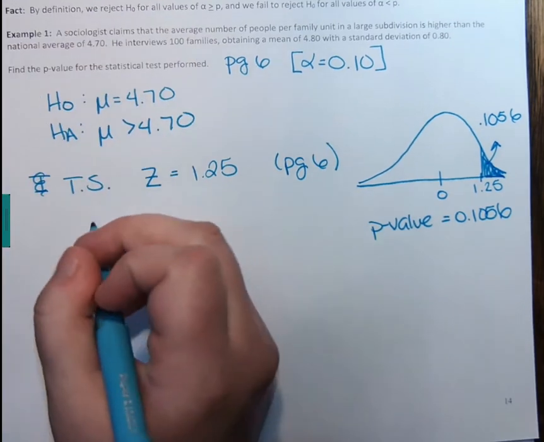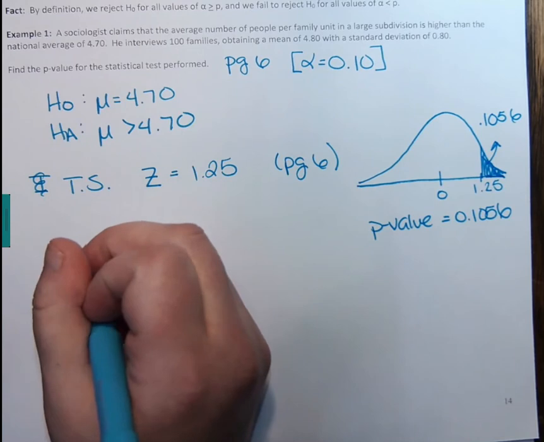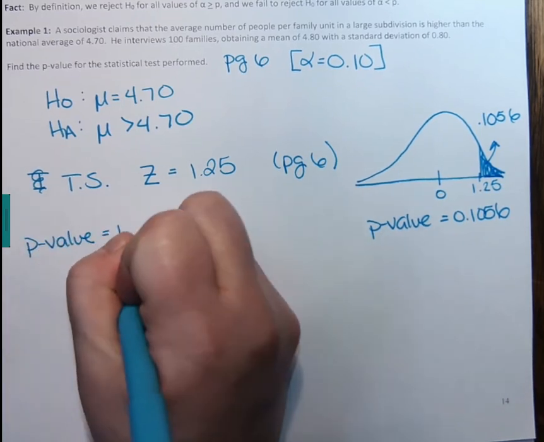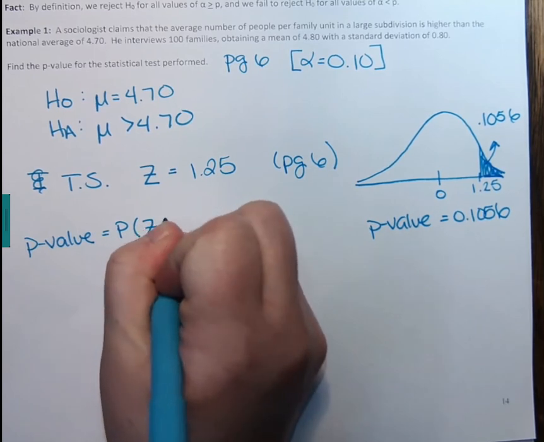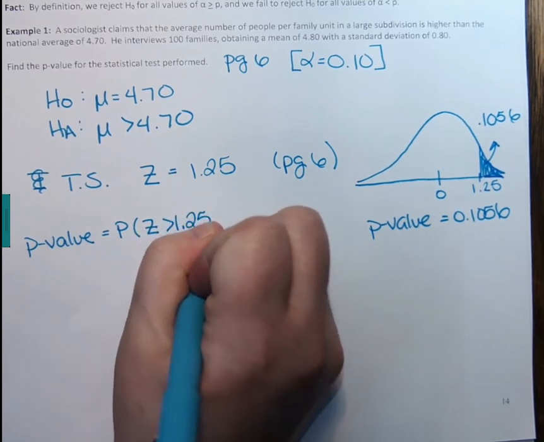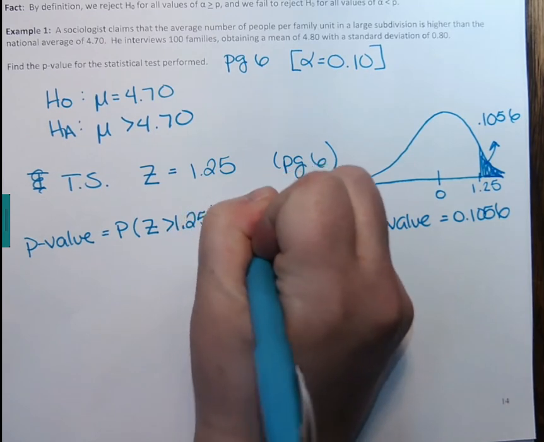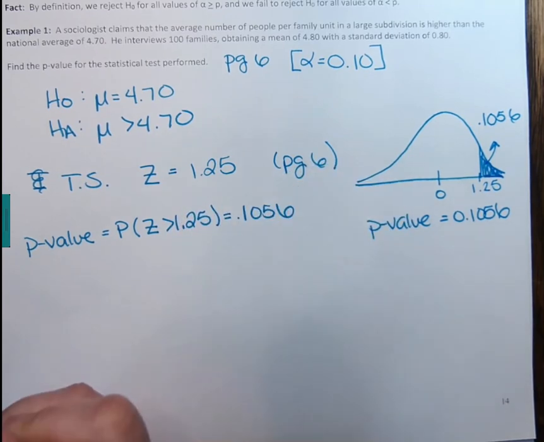In probability notation, the p-value is equal to the probability that z is greater than 1.25, which is equal to 0.1056.